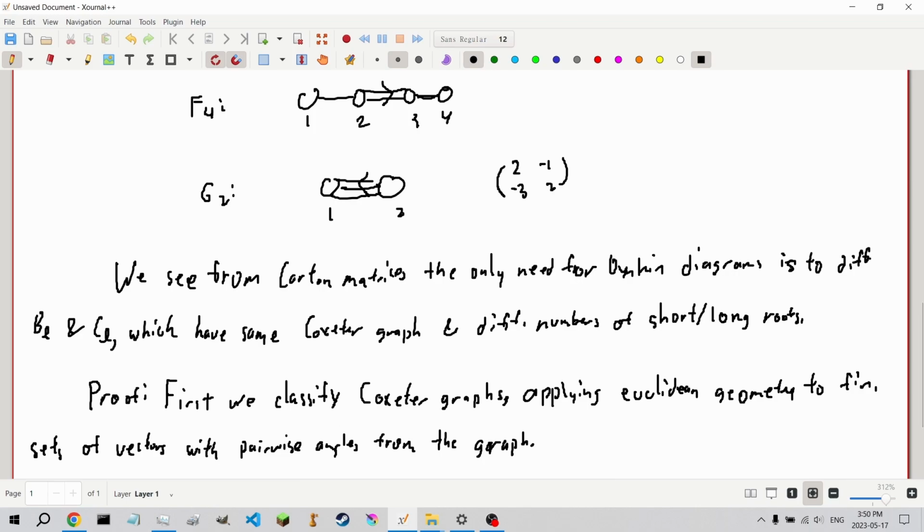And since we're just using short and long, we're going to be assuming that these are unit vectors.